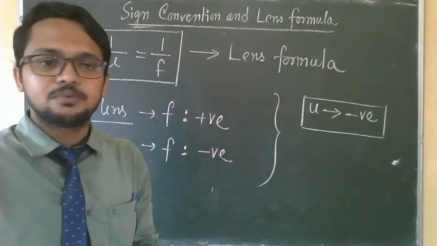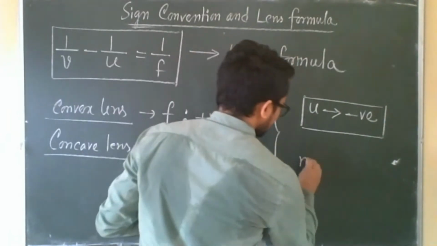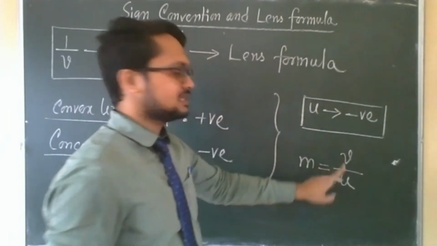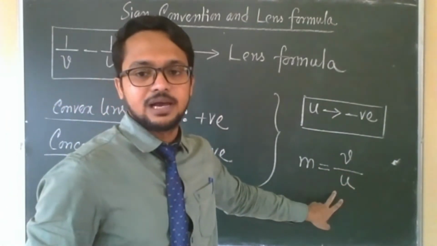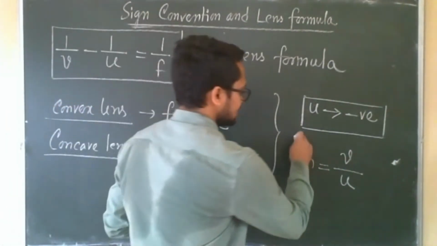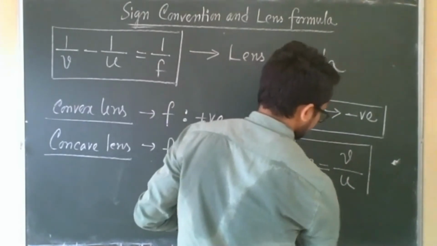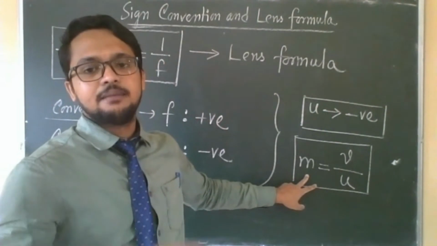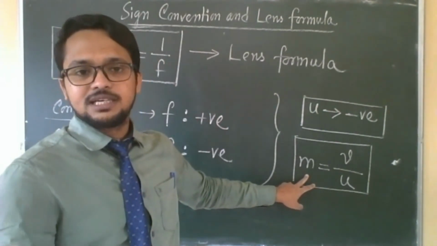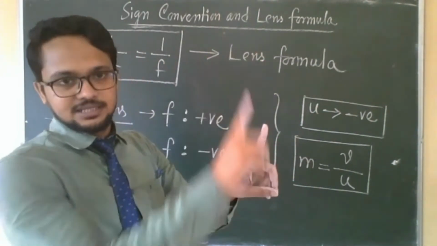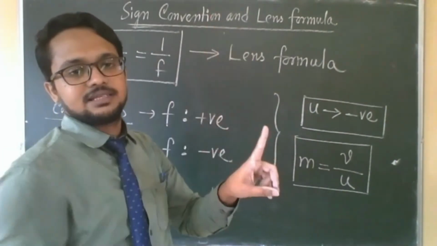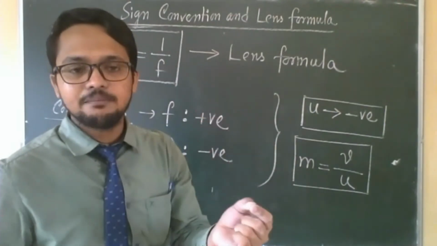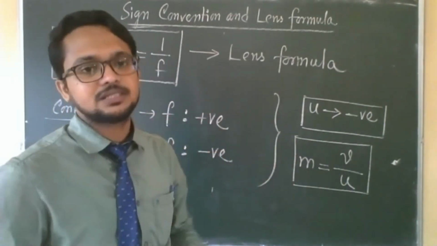And for the third point, we have to use the formula M equal to V by U. Obviously, in this formula also, you have to put value of U and V with positive, negative sign. And if you get M positive, it means erect image, to the upside of principal axis. M negative means real image below the principal axis.